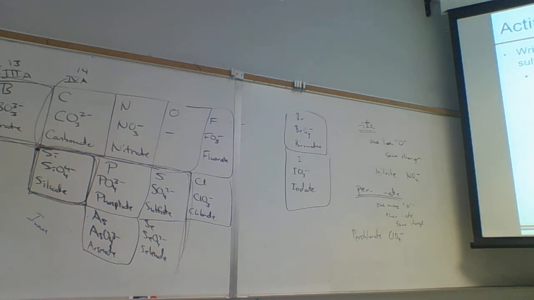That's the one you have to know, not derive. Okay, what is perchlorate? What is chlorite? ClO2 minus. What is hypochlorite? Hypochlorite is ClO negative, with 1 oxygen.